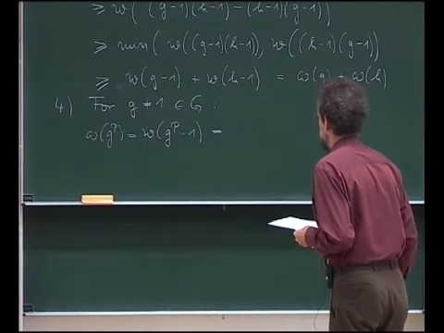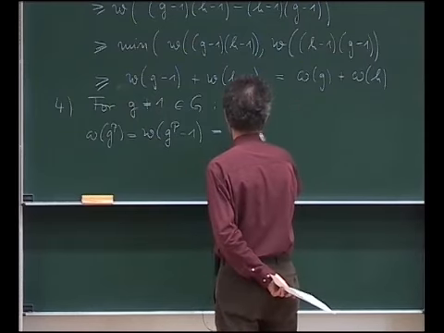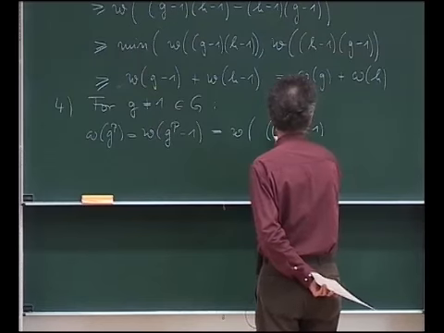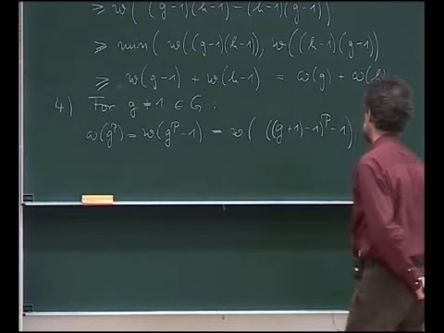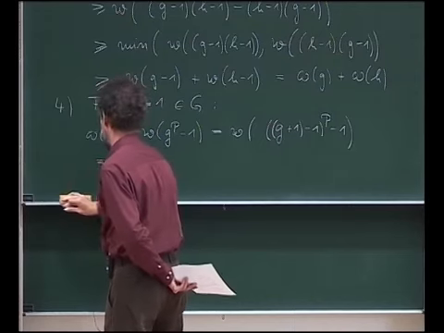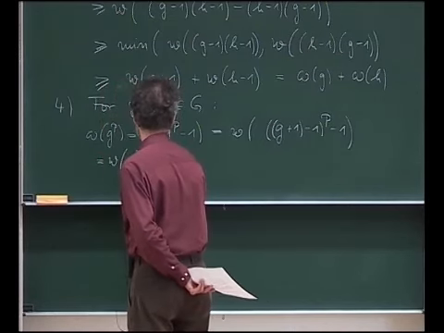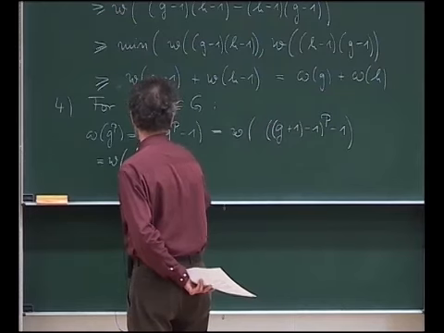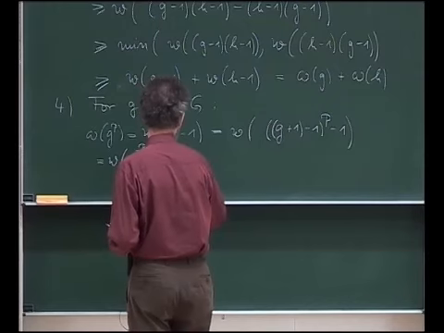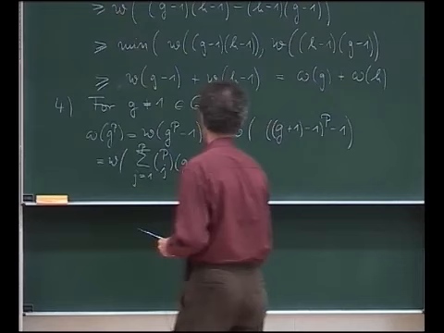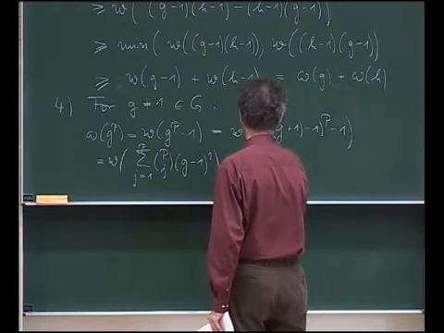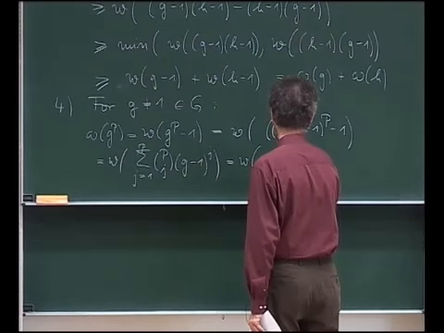So omega of g to the p: here I insert artificially g minus 1 plus 1 to the p, minus 1, which is W of, now we expand this, the sum j equal 1 to p, p over j, g minus 1 to the j.